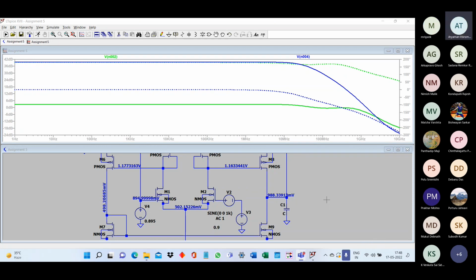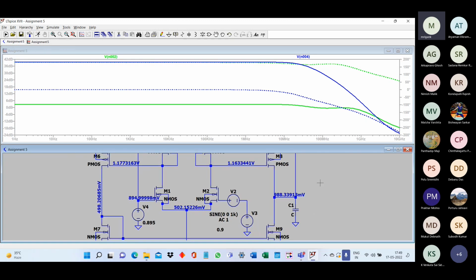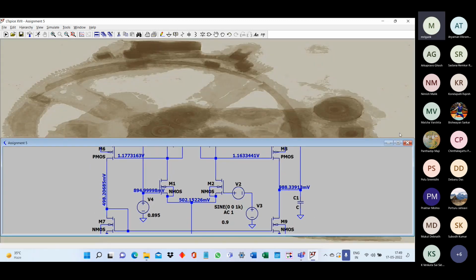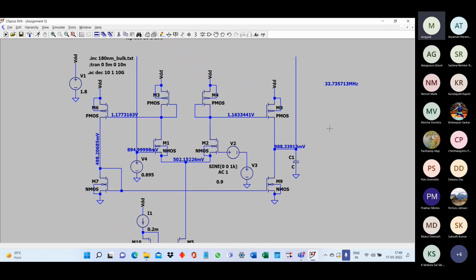So first pole down is if we connect them across, right? Then we have that Miller multiplication. This stage is not for Miller multiplication, right? If you look at the dominant pole, you can do Miller multiplication also. But here the thing is that it is not a symmetric structure. The first one, the output node, is the dominant pole.